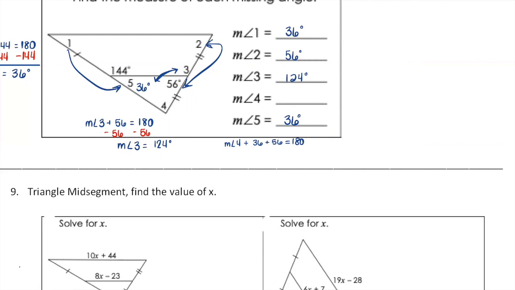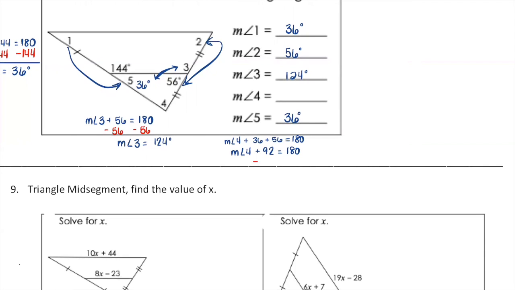So what are we subtracting? 92? 92 plus angle 4 is 180. Subtract 92. So the measure of 4 is 88. Yes. Sure.